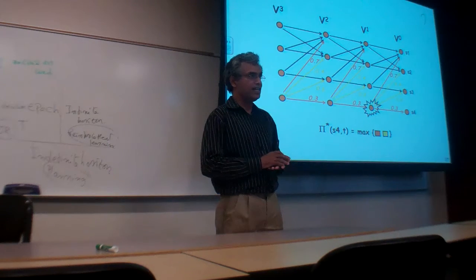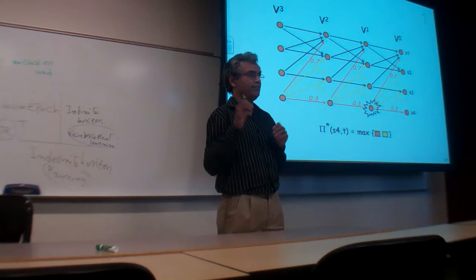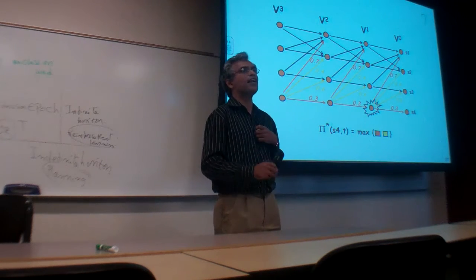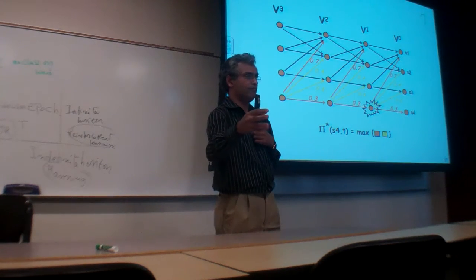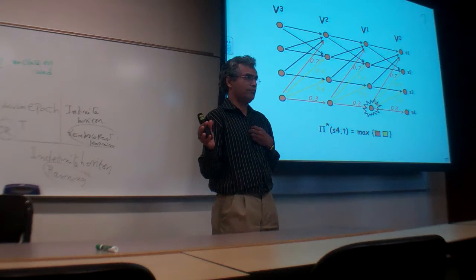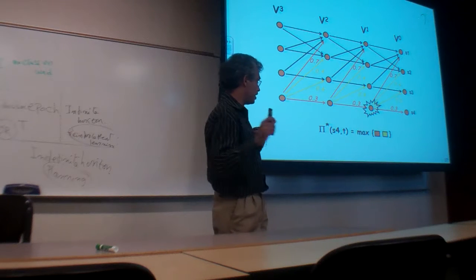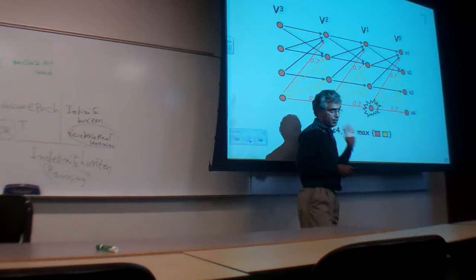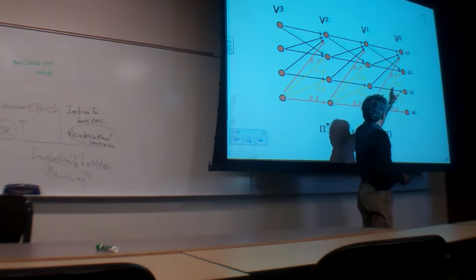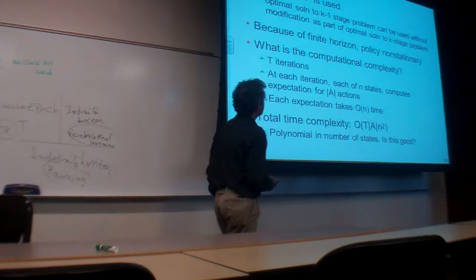The reward of a state only depends on the fact that you reach that state. And the value of a state only depends on how long you have to live now that you are in this state, not how you got here. Okay? Because of that, you are able to do the dynamic programming. And so you can compute V1 in terms of V0 and so on.